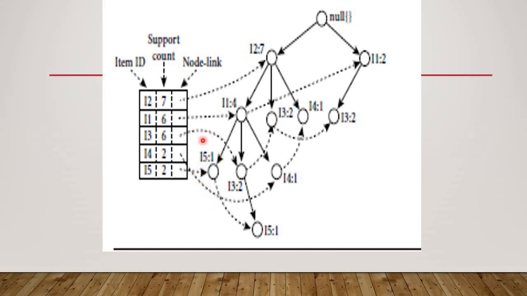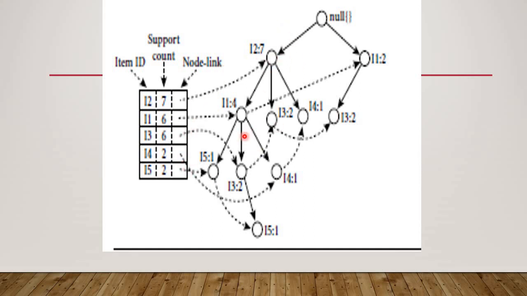Once I5 is done, I go to the next upper node, that is I1. Now how many times is I2 traversed in order to reach I1? That is 4 times, because the count of I1 is 4. So if it is greater than or equal to minimum support, then I consider the path I2, I1. So this is with respect to the single path.